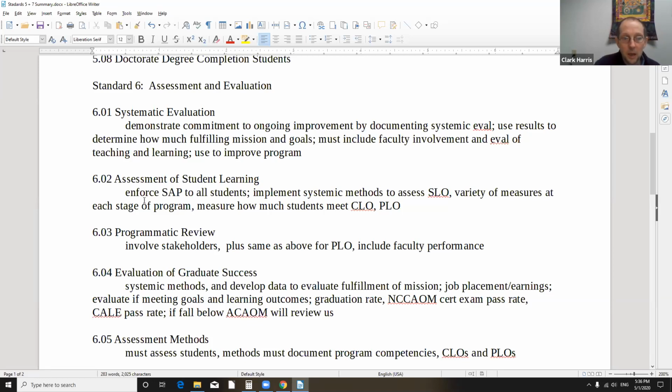Assessment of student learning: enforce satisfactory academic progress for all students, implement systemic methods of measuring student learning outcomes, use a variety of measures at each stage of the program, and measure how much students meet the course learning outcomes and the program learning outcomes.